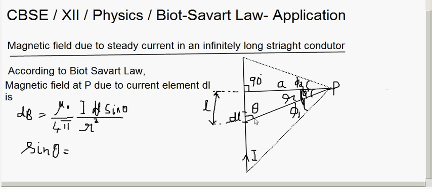The opposite side to angle theta is A, divided by the hypotenuse, that is r. Sin theta is A by r, which can also be written as equal to cos phi.